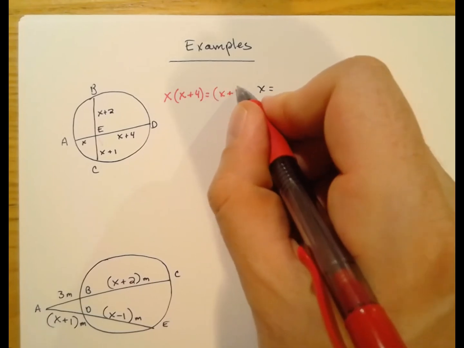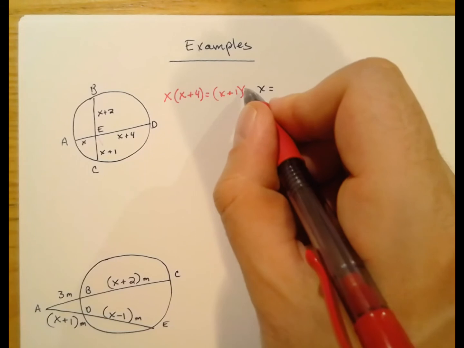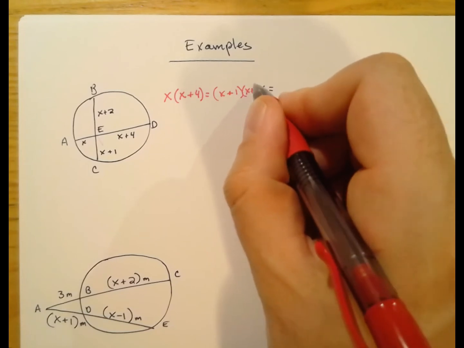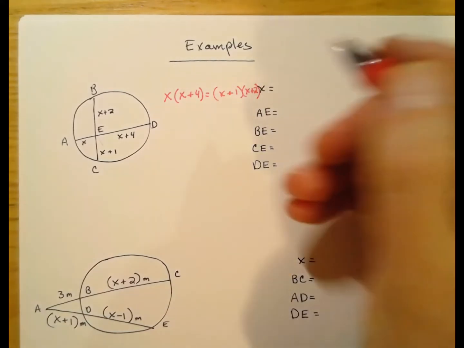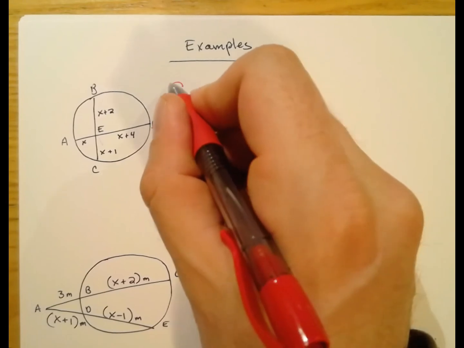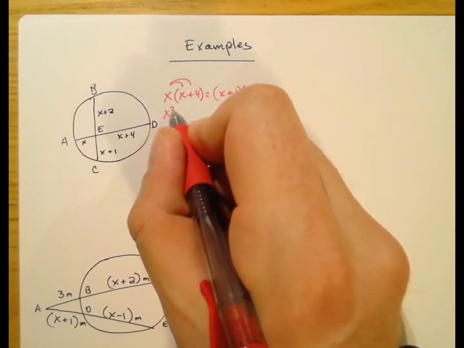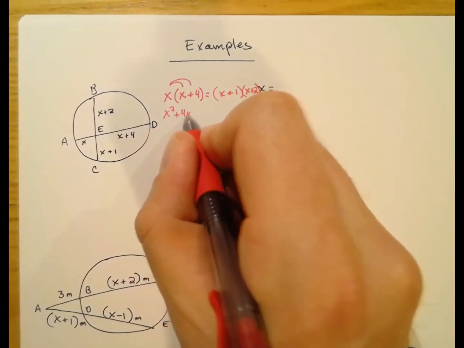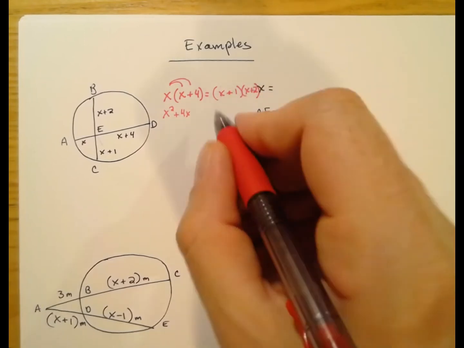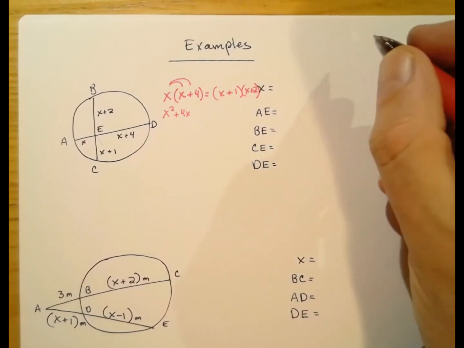Now, here's where foiling and the quadratic formula come in. So here we'll just distribute: x squared plus 4x. And on this side, we're going to have to FOIL that out.